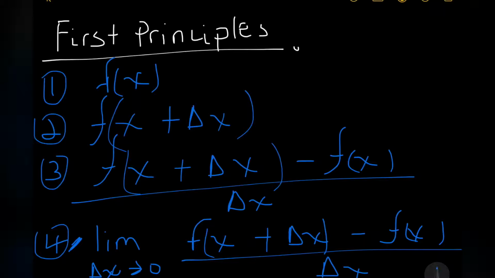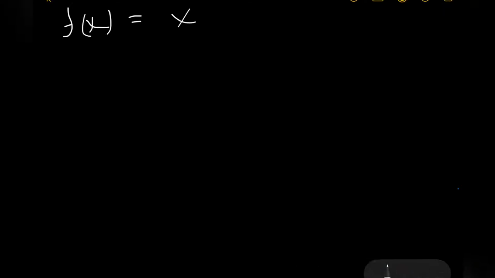So let's do that with x. Remember, we know that the derivative of x is 1 from the past video and from what we did above using the gradient. So our first step, identify a function which is x. Our next step is to add a small change to x.